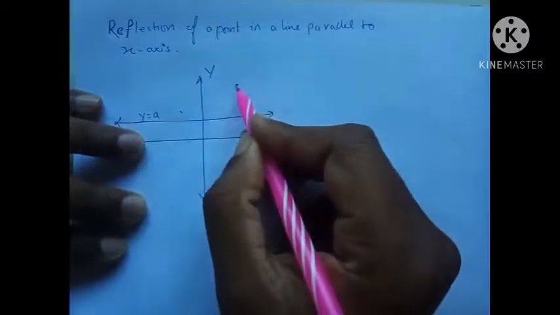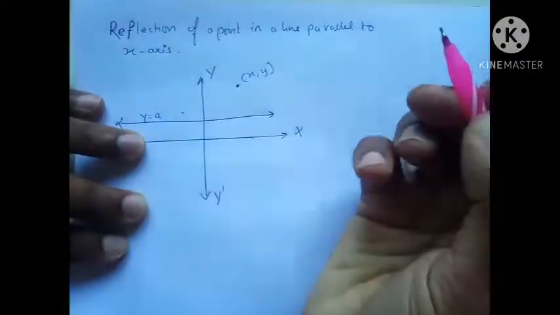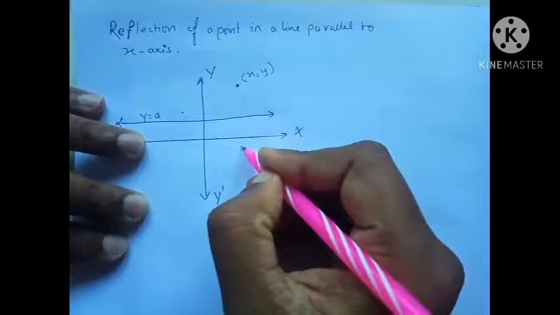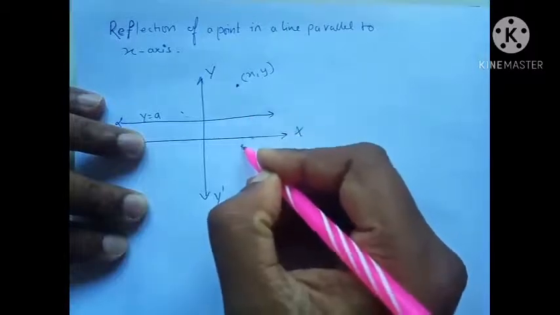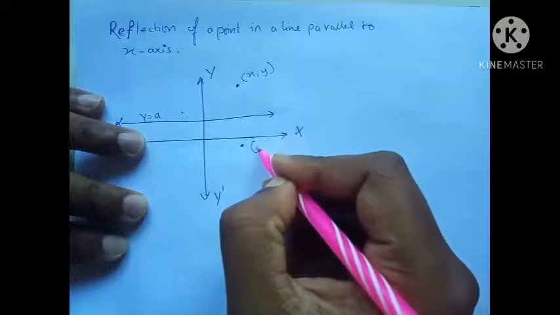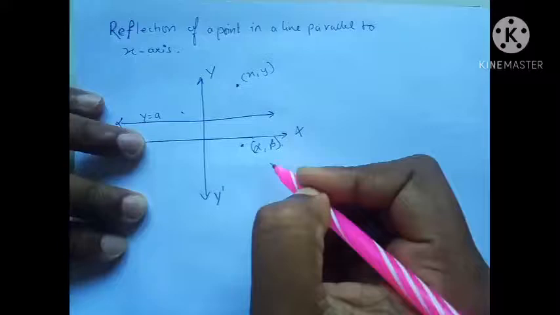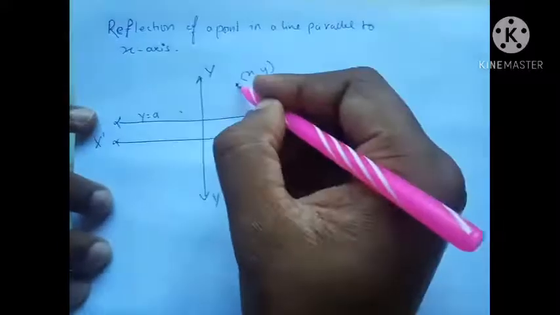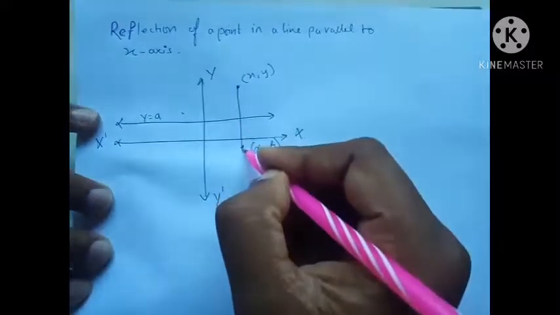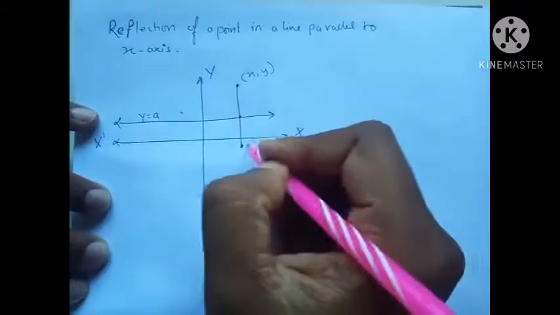So if the point is over here and the point is x comma y, because I don't know the value of x comma y, I need to find the reflection. Where is the reflection going to take place? Let's say this is the reflection and I don't know the point, so let's say alpha and beta are going to be my point. This point is going to be the midpoint of this and this.